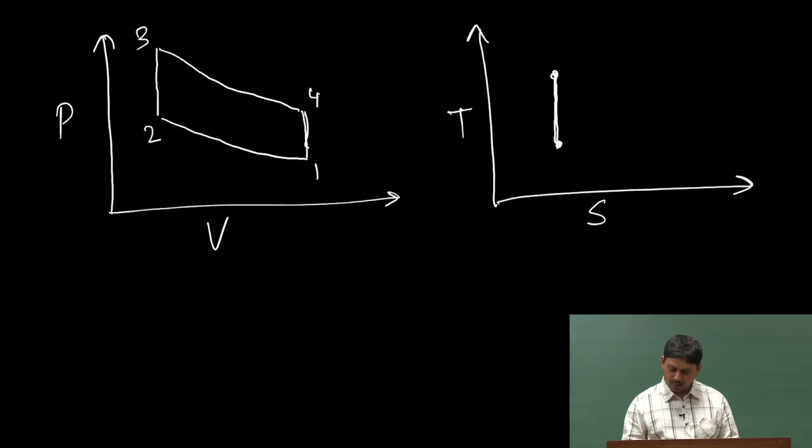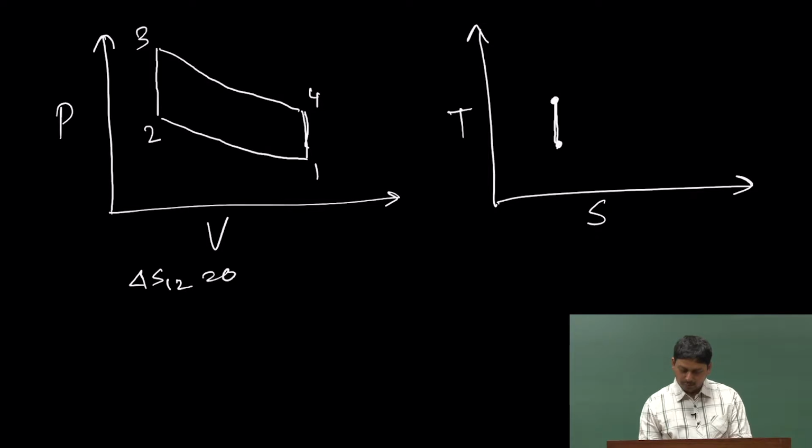Let us make it a little bit shorter for a reason. So, now we have seen that del S 1 2 is equal to 0. Now, 2 to 3, how do we calculate that?